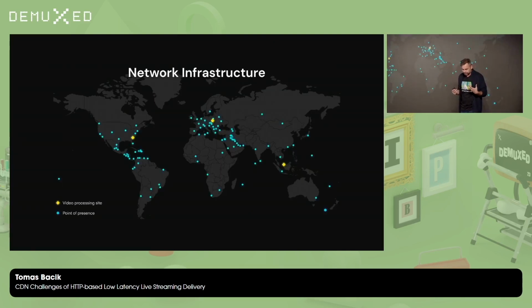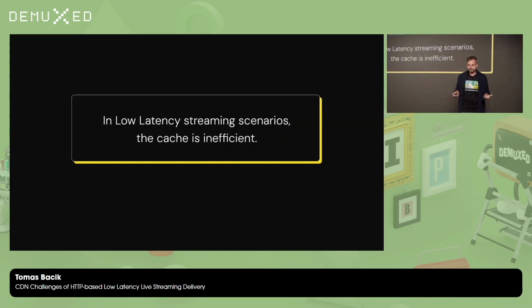which leads me to the network itself. I'm deliberately using this picture because as a CDN, we're often guilty of showing you these pictures and boasting about how many POPs we have, how dense the coverage is. But it doesn't tell the whole story, because especially in low latency live streaming scenarios, the way we transfer the data from the origin to the CDN edge, the internal network, is equally important, because with these low latency transfers, the cache is not efficient.